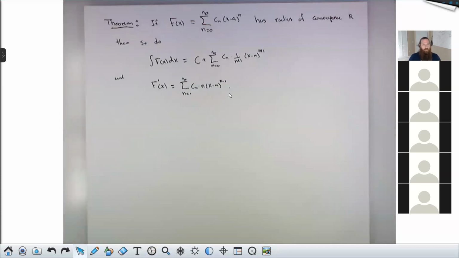In other words, this theorem says integrating and differentiating do not change the radius of convergence.